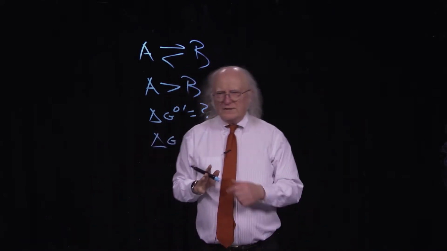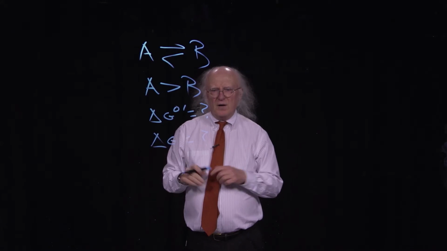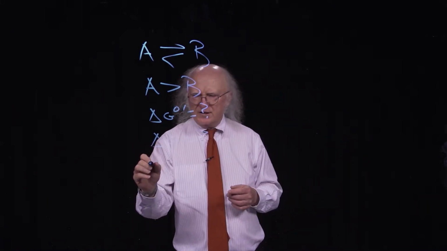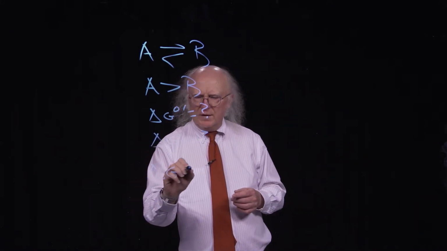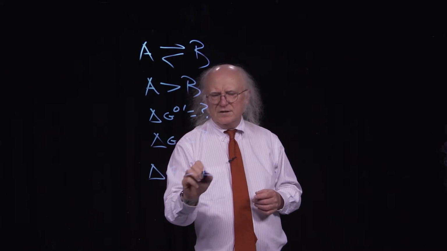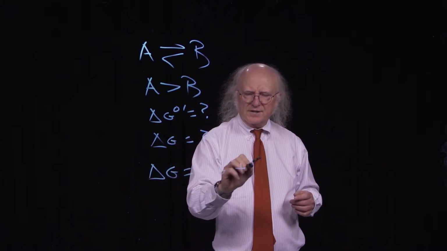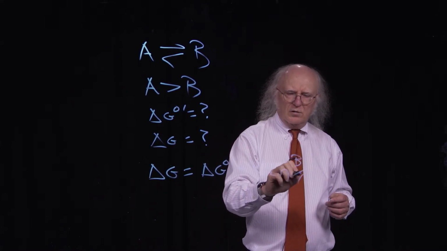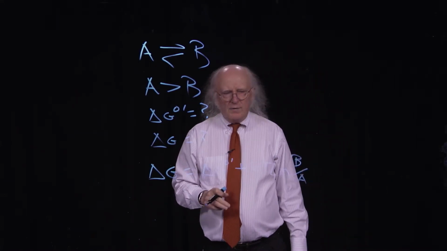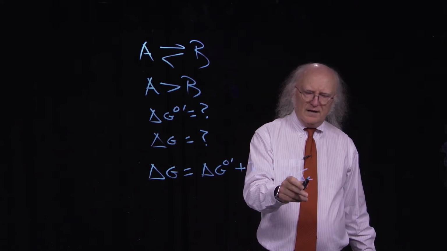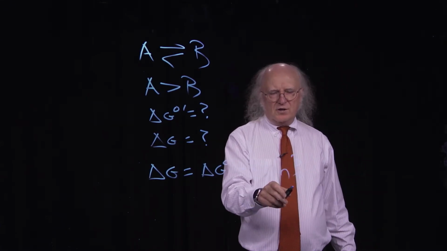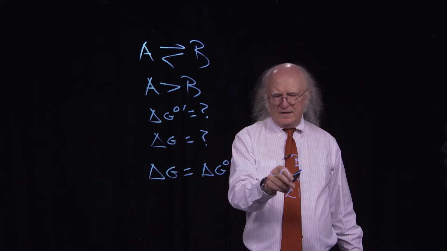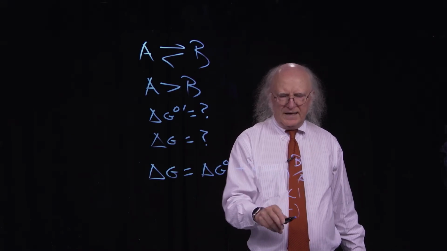Well, to answer this question, we need to consider something very important. So let's start with the delta G equation. Delta G is equal to delta G 0 prime plus RT times the natural log of B over A. We're told that A is greater than B, so we've got more A than we do B, meaning that this ratio is less than 1, which means that the log term will, of course, be negative.